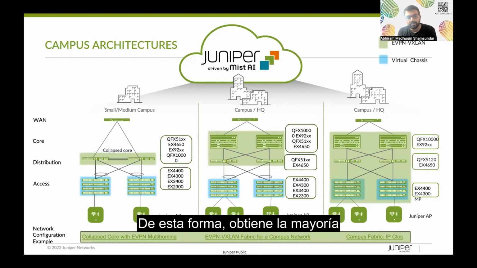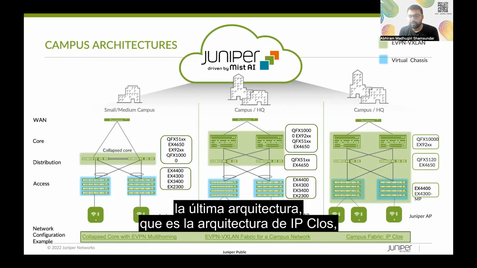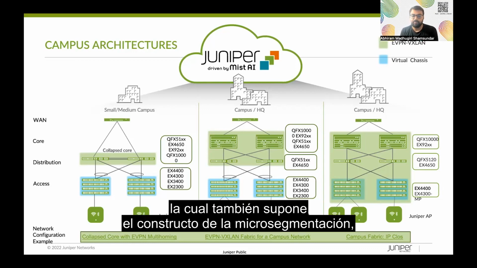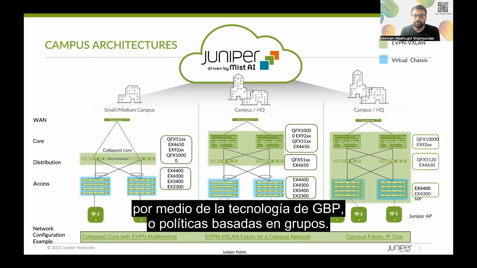You get most advantages of EVPN VXLAN as a technology, barring one important one, which is covered in the last architecture, which is the IP-CLOS architecture, which also brings in the construct of microsegmentation, segmentation enforced all the way at the access, utilizing the technology of GBP or group-based policies.